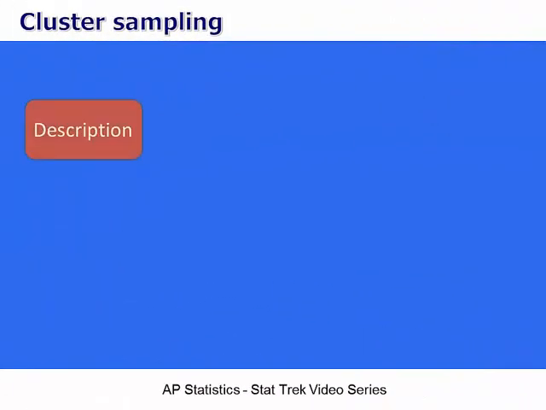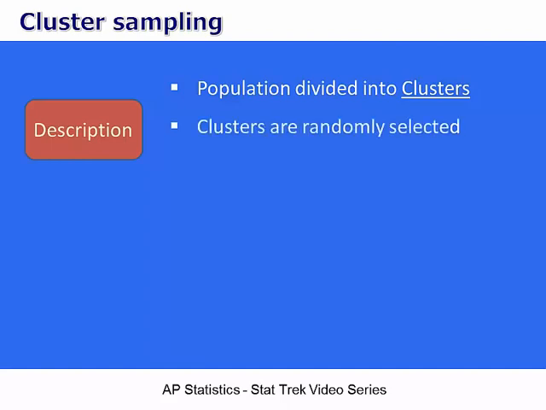With cluster sampling, every member of the population is assigned to one and only one group. This group is called a cluster. Among all the clusters in the population, a sample of clusters is randomly selected. Only subjects within clusters are surveyed.